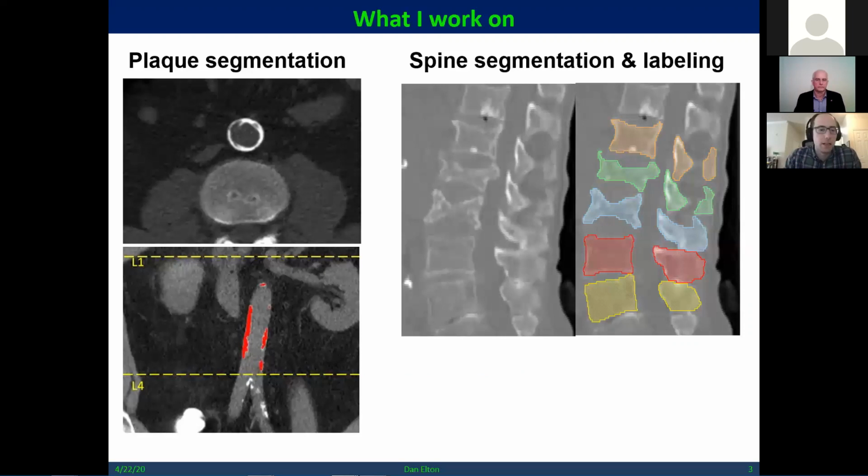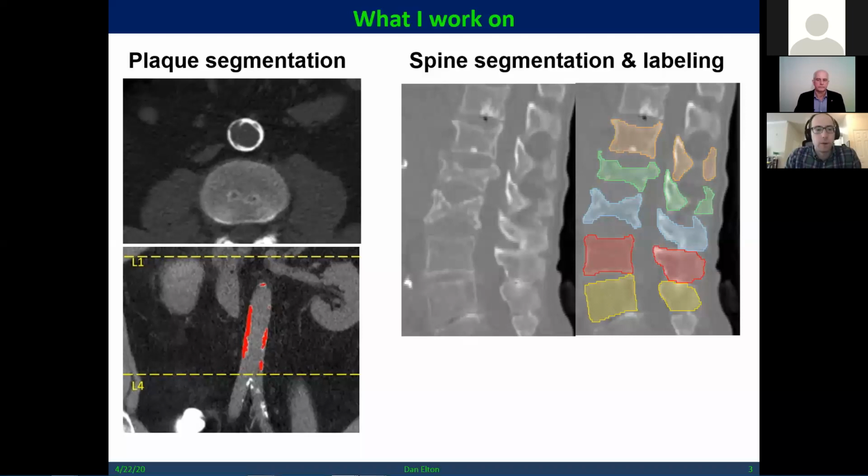If you look at the images on the left, those are images from a CT scan, and that circular thing there in the top left image is the aorta, which is one of the main arteries.